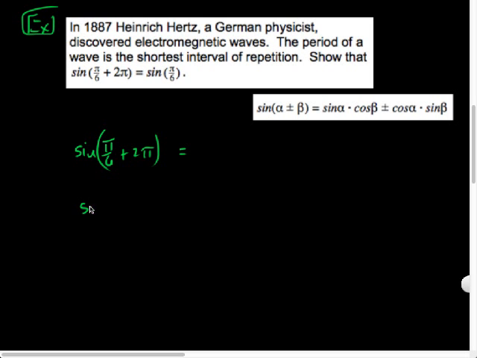So we'll have sine of pi over 6 times cosine of 2 pi, plus, because the signs match, plus and plus, for the sine function anyway, cosine alpha times sine beta. Sometimes I even switch these around, but no matter. So this will be cosine of pi over 6 times sine of 2 pi.